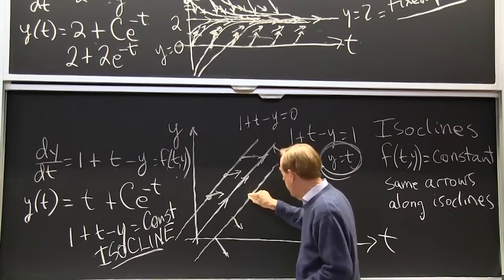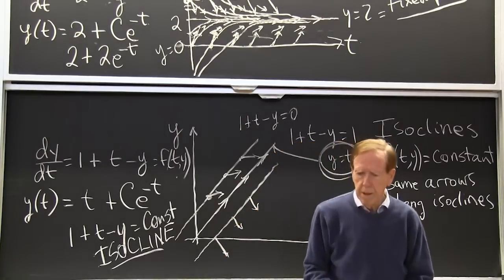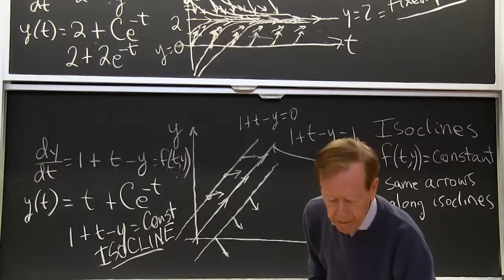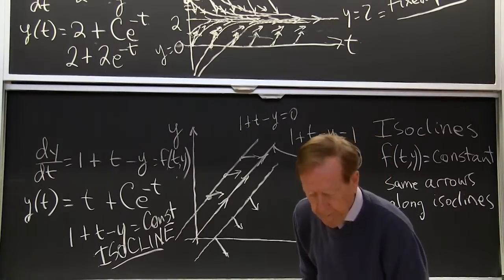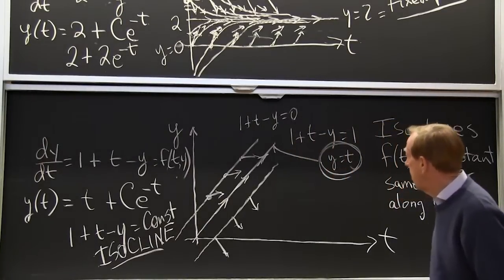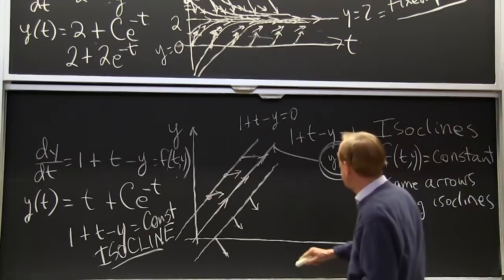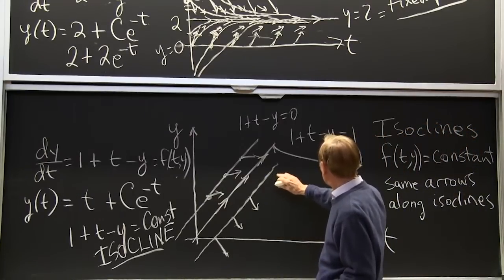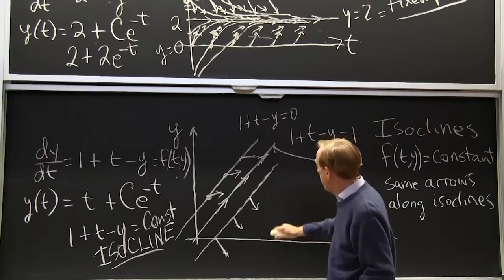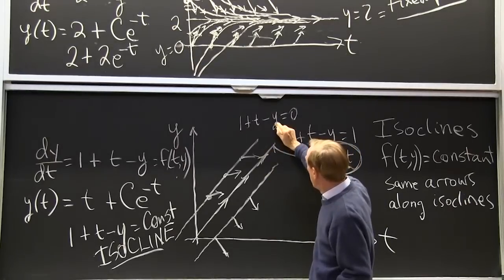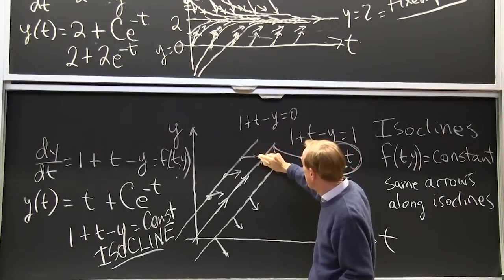Oh, interesting. I wasn't quite expecting that. Let me just see if I've got a suitable picture. Why is that not right? Oh, I'm sorry. This is the line y equals 1 plus t.